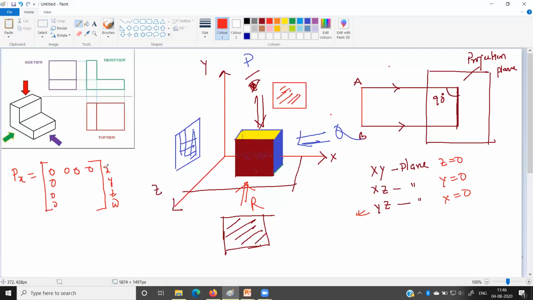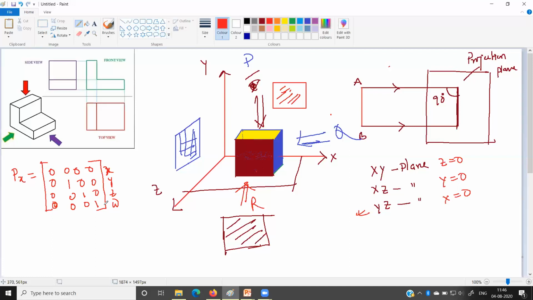So all x's value will be 0, and for y and z it will be 1, 0, 0, 1, 0, 0, 0, 0, 0, 1. Let me write it clearly: this is 0, this is 0, 0, and 1. So this is the transformation matrix to create the projection on the YZ plane.